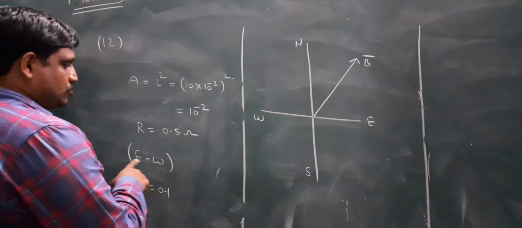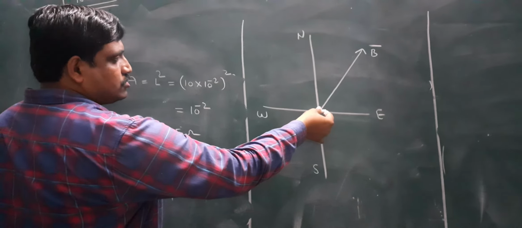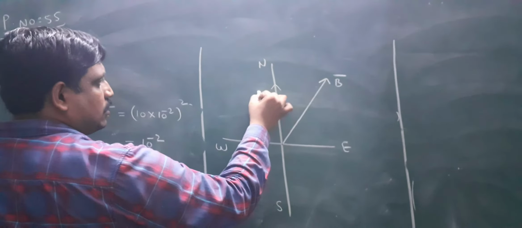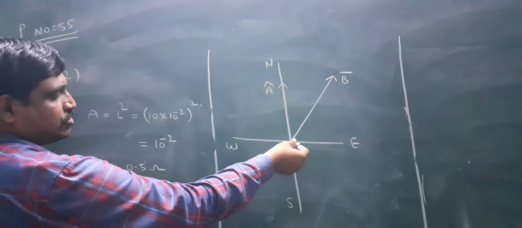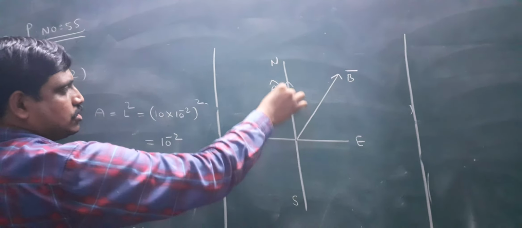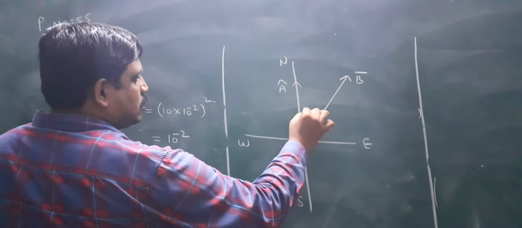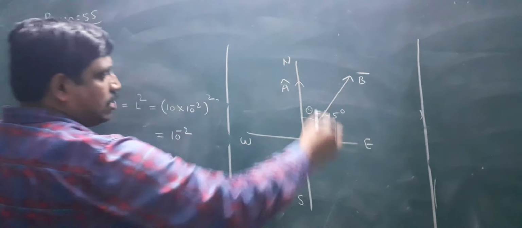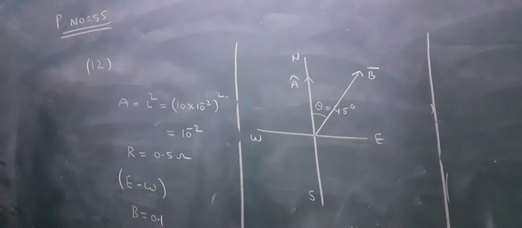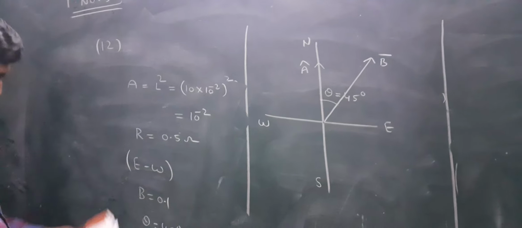Here the plane is east-west. The direction of area should be perpendicular, so the area acts on the north. The angle between B and A, theta, is automatically 45. Simply theta value is 45.